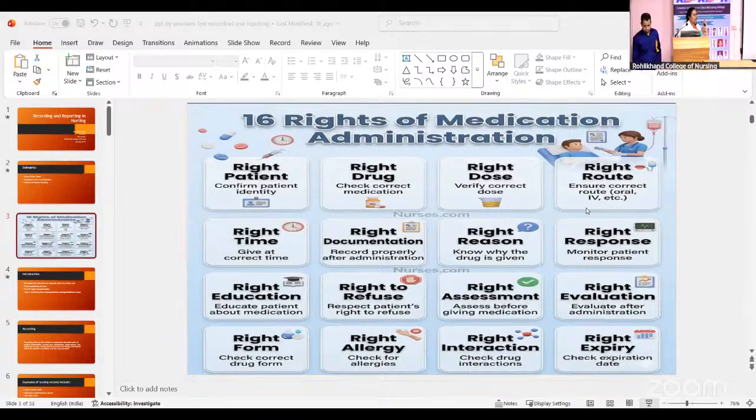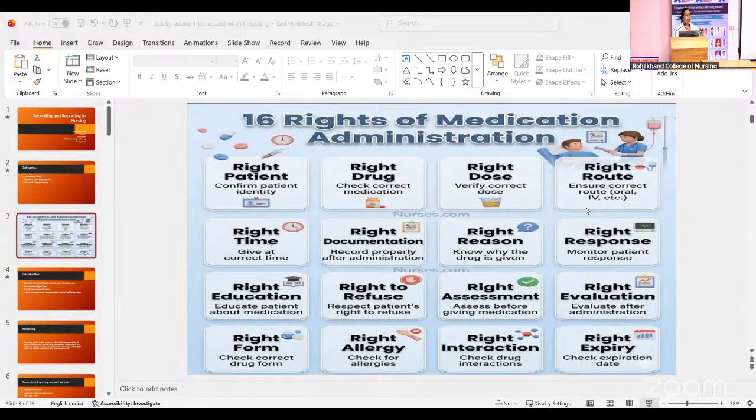When we were studying, we studied 5 rights: right drug, right dose, right route, and so on. And then again, they added right documentation because the authorities have seen that if we are not documenting the things, then there will be chaos in legal, ethical matters. So they have given right documentation.